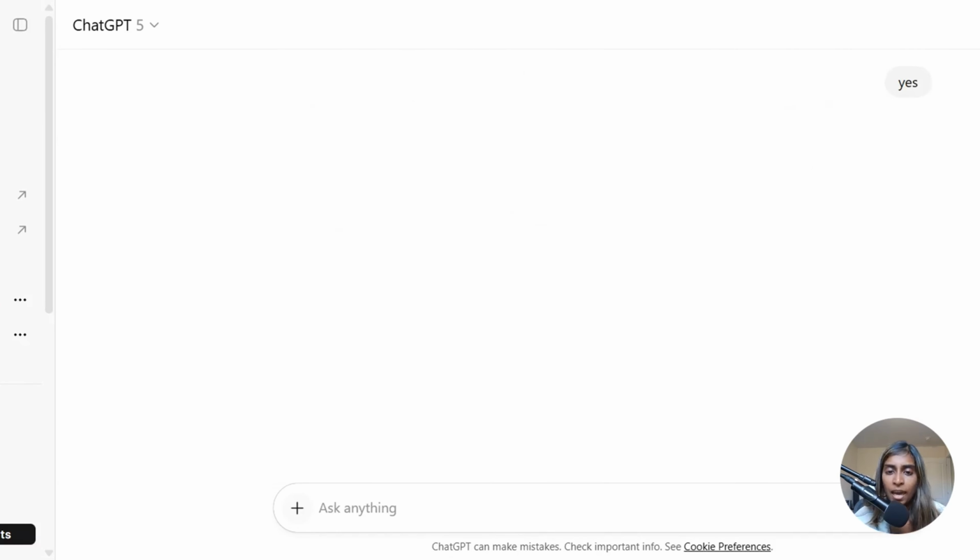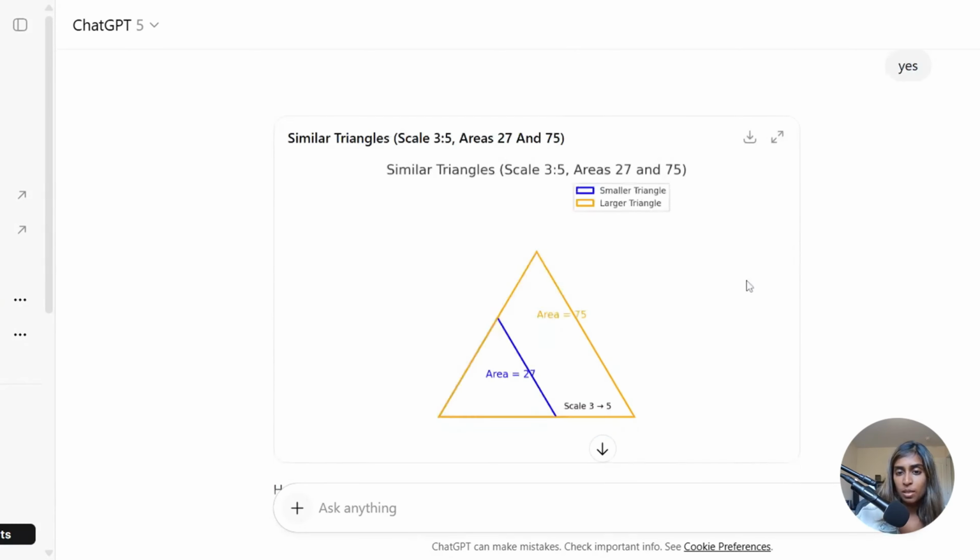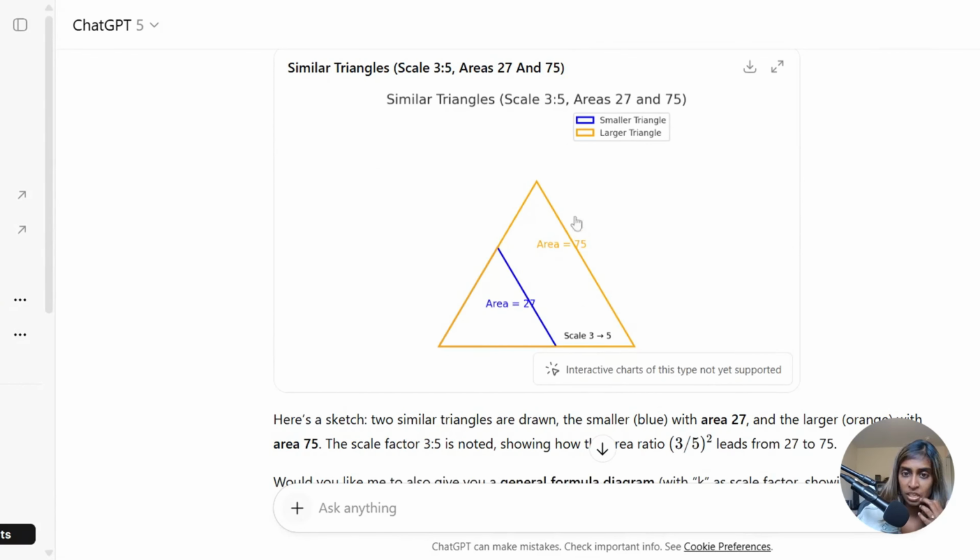Yes, it can give some sketches and diagrams, but it's not the best at always being able to give you a diagram depending on what you're asking it. However, it can, for example, this was perfect. This was what we need. I always encourage you to ask for some sort of sketch, some sort of diagram when you're learning math, because visualization helps you learn faster.